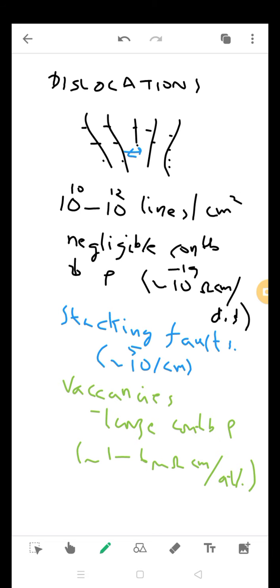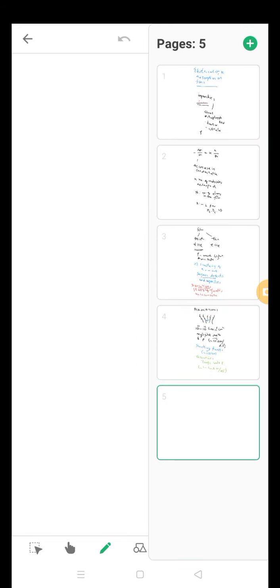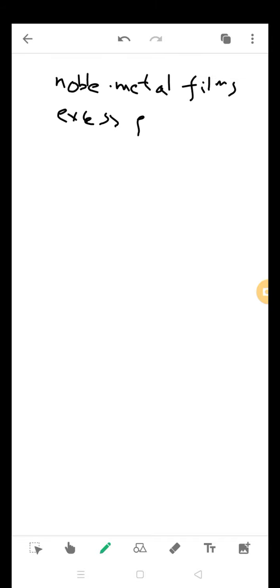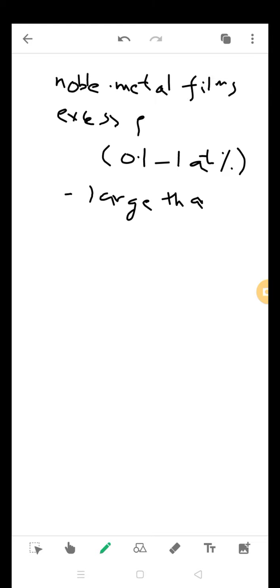Now this excess resistivity, we observe that in noble metal films, is due to a vacancy concentration of 0.1 to 1 atomic percentage, and this is actually quite large compared to the value at equilibrium.